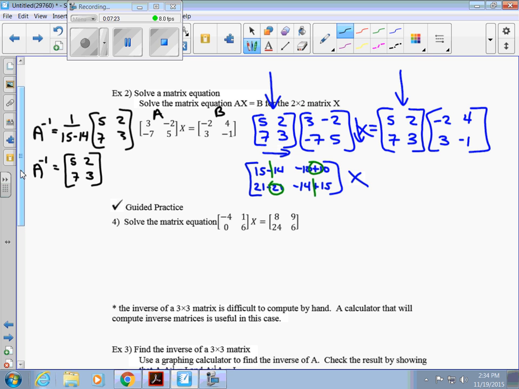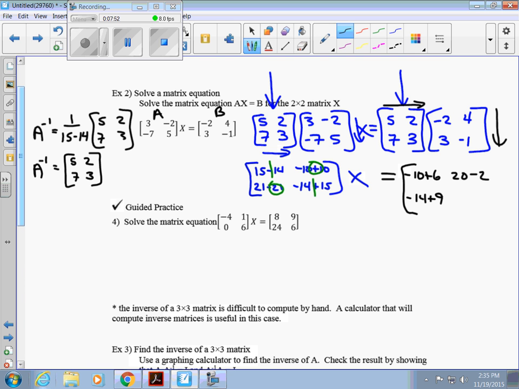So when we do this, you don't have to do the left side because if we found the inverse, those are going to cancel out. So really the only part of this problem we need to do is the multiplication on this side to find what x is. And so let's do that. We're going to get negative 10 plus 6 for row 1, column 1. Row 1, column 2, we're going to get 20 minus 2. Row 2, column 1, we're going to get negative 14 plus 9.